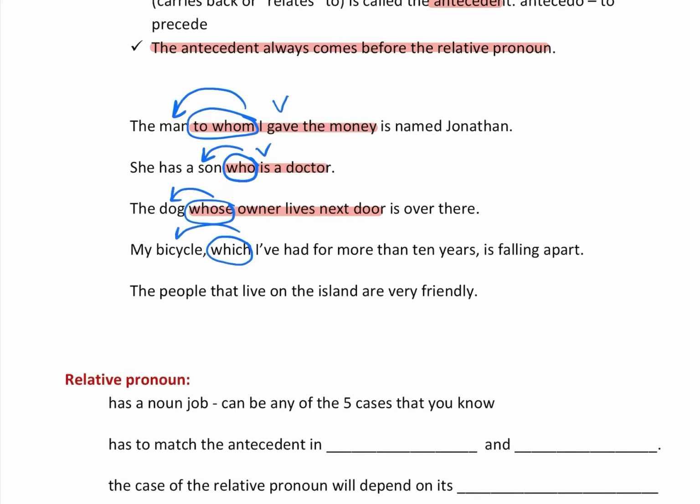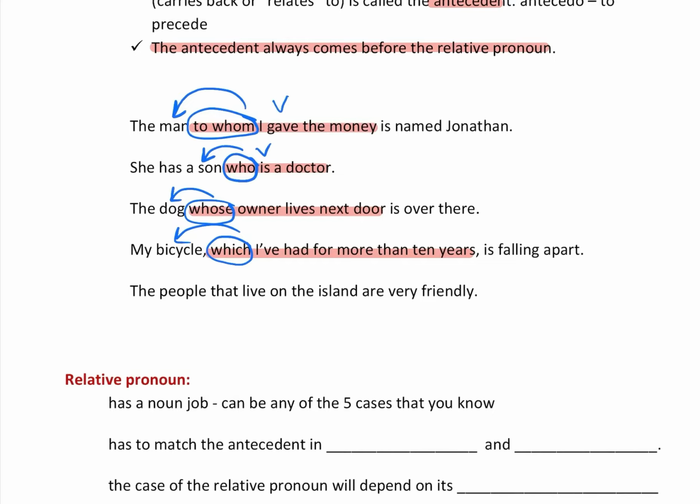You could say, I've had the bicycle for more than 10 years. So you can rearrange it. It tells me that the bicycle is the antecedent. This is what it's describing, the bicycle, which I've had for more than 10 years. You take that out, and my bicycle is falling apart leaves us with a complete sentence.